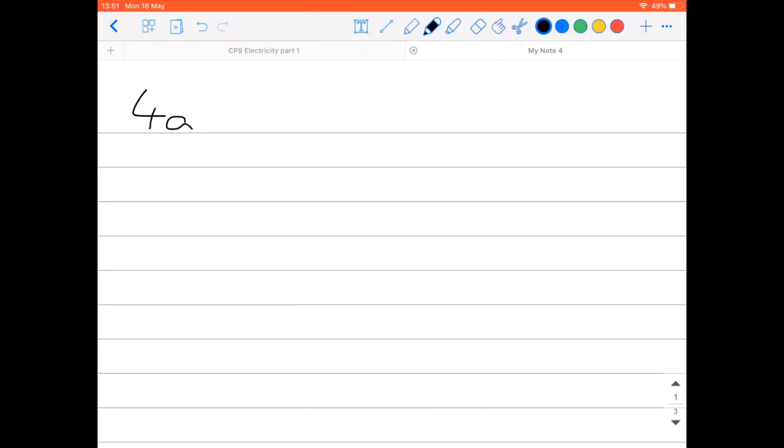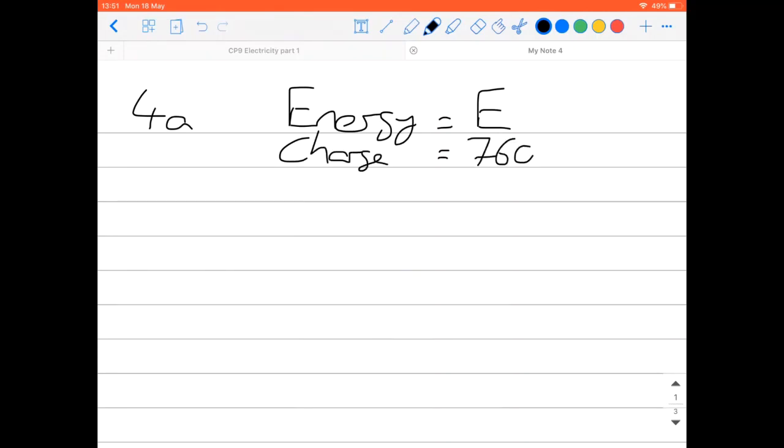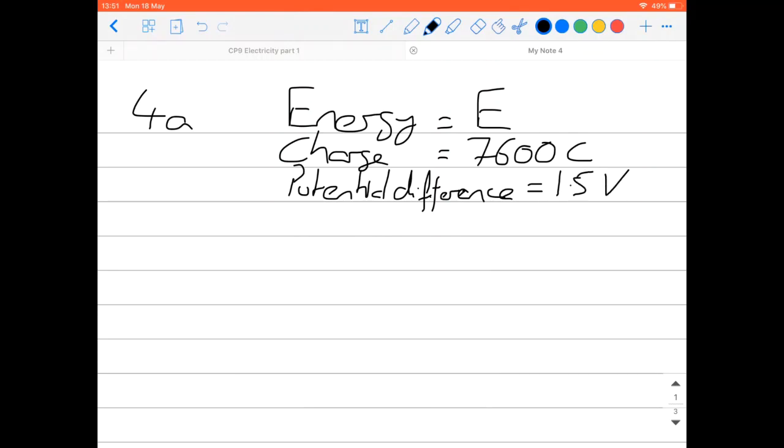So 4A, I know my energy is the thing I'm trying to find, so I'm going to give it capital letter E. I'm given the charge, which is 7,600 coulombs, and I'm given the potential difference, which is 1.5 volts.